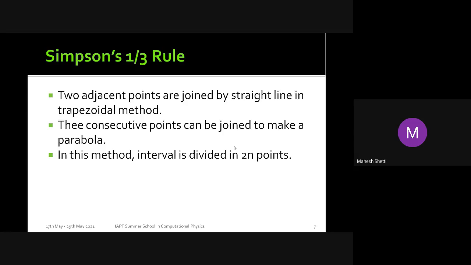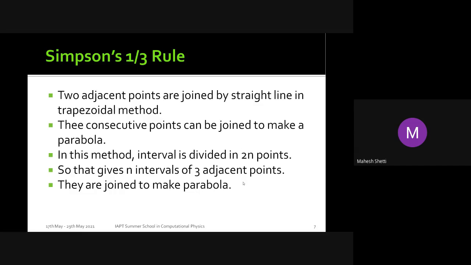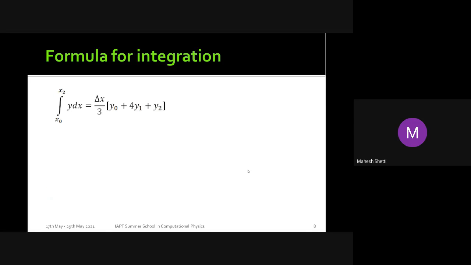So taking these 50 intervals consisting of adjacent points x0, x1, x2, then x2, x3, x4, then x4, x5, x6, you will make the entire curve consisting of these parabolic columns, find the area under each parabola, and add all these areas.